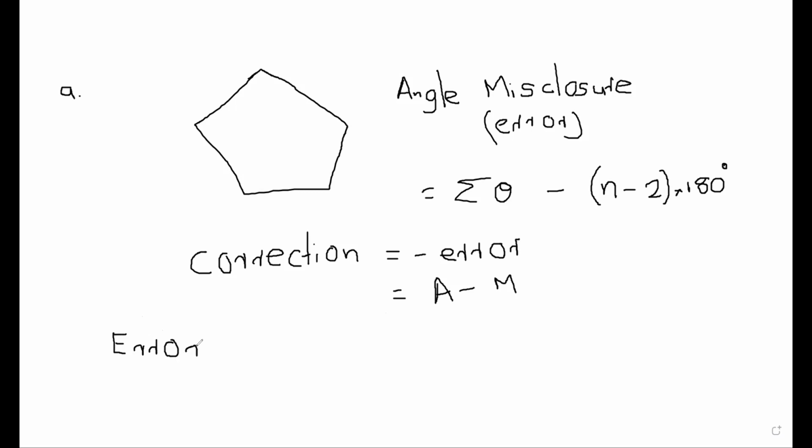There also we have a theory, not a big theory, because we are applying this in our day-to-day activities. Error distribution can be done in 2 ways. We have 2 methods to distribute the error.